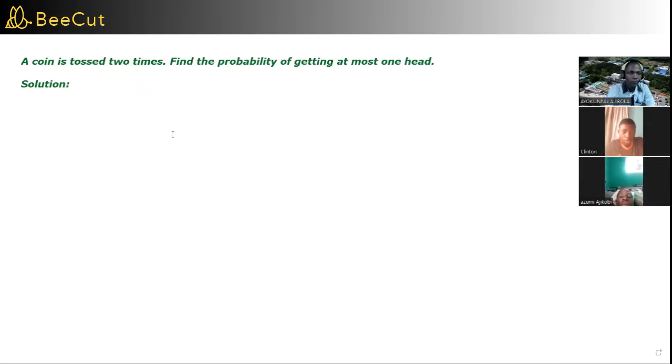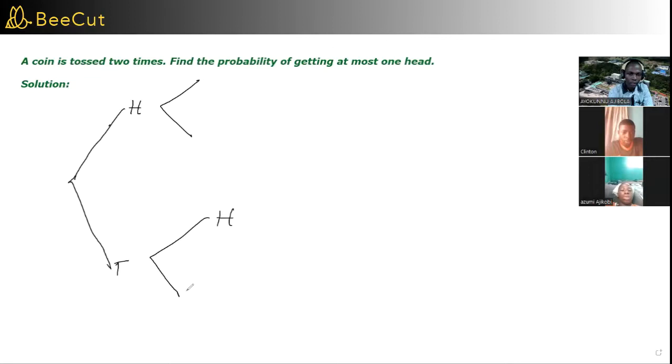So with this, we say a coin is tossed twice. Let us represent the toss of the coin by drawing the outcome. So this is the first stage. We have head and tail, and the second stage we also have head and tail. Then we need our sample space.